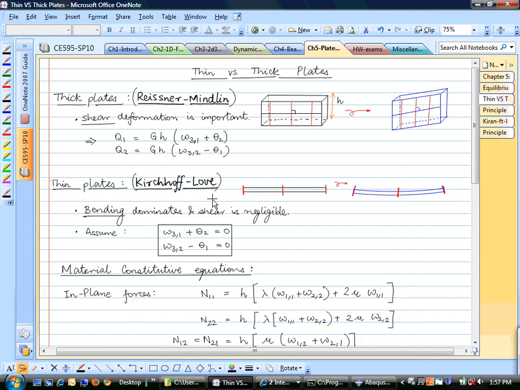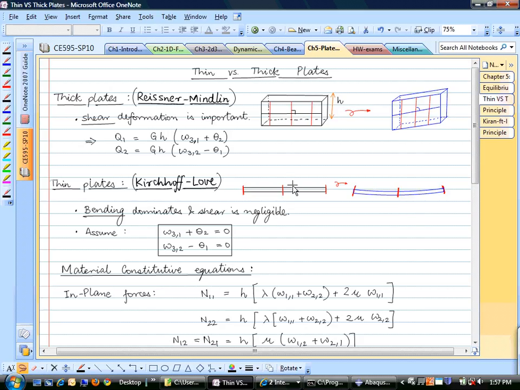Another consequence of using this thin plate theory is that the shear strains vanish, meaning that this needle is always going to be perpendicular to the centroidal surface. If you remember for the beams, let's say this is the cross section and this is the centroidal line. If we shear them, then this centroidal line may not be normal to the axis of the beam.